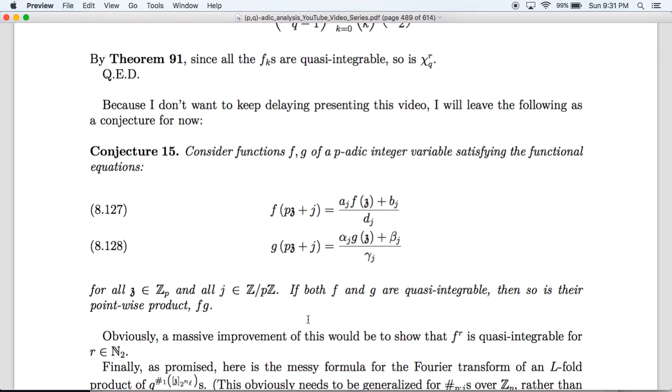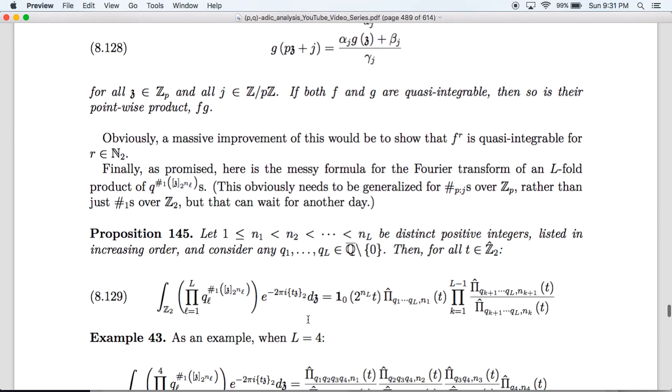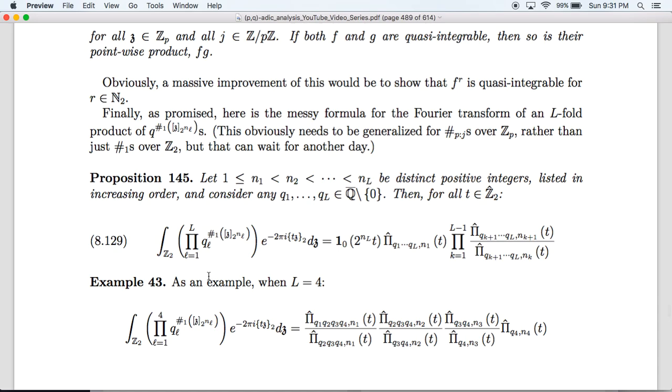Then I conjecture that if both f and g are quasi-integrable, then so is their pointwise product, f times g. Obviously, a massive improvement of this conjecture would be to show that f to the r is quasi-integrable for all r.